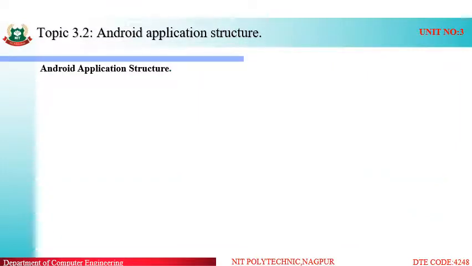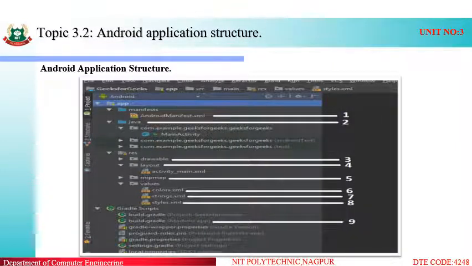So coming to the Android application structure, it looks something like this. When we create any application, at the right side we can see our project structure. Here we call our project an application, a single standalone application.